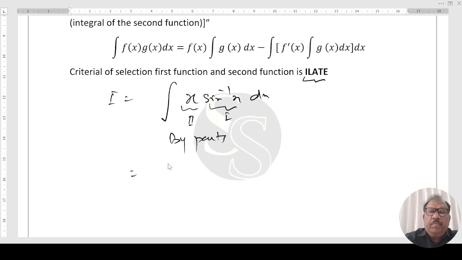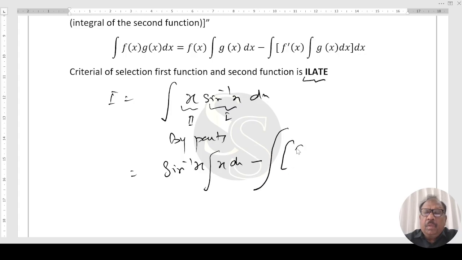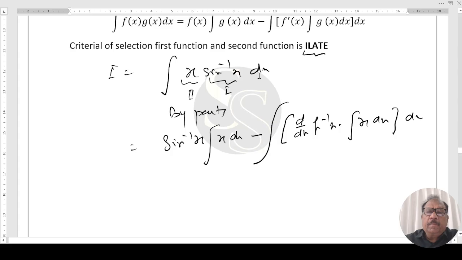First function into integration of second, minus integration of differentiation of first function into integration of second, whole integration. This is the formula, right?